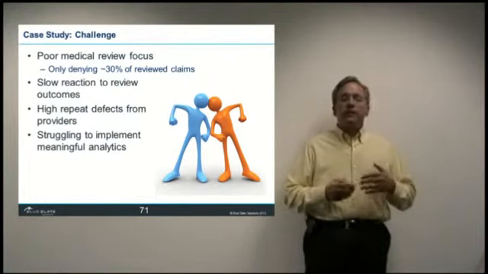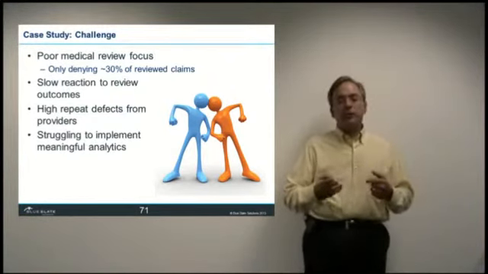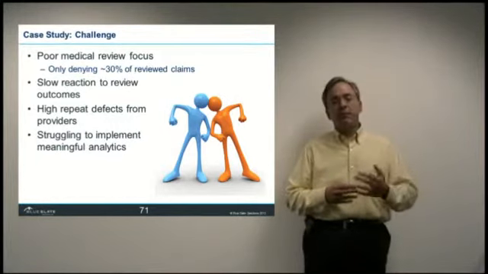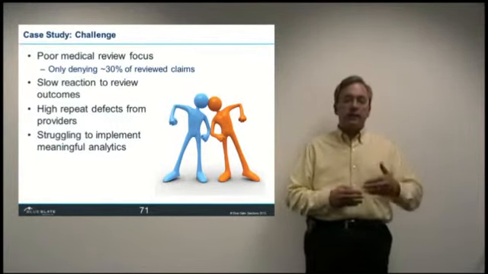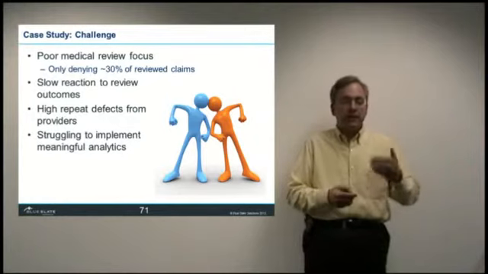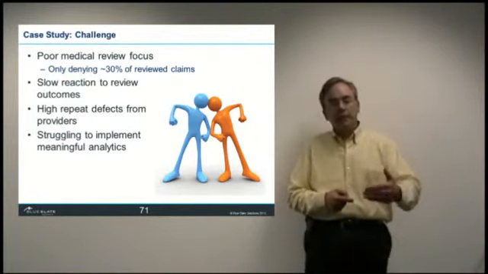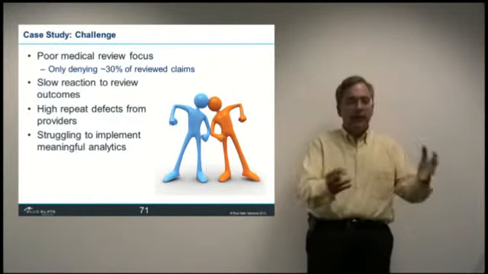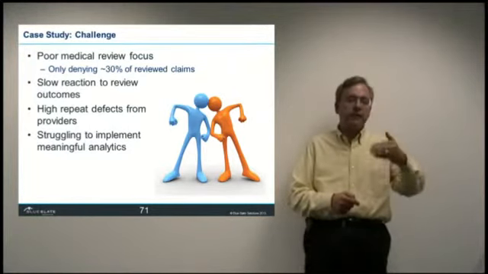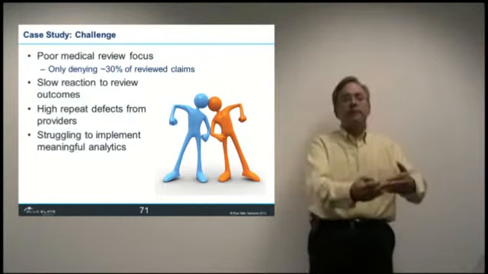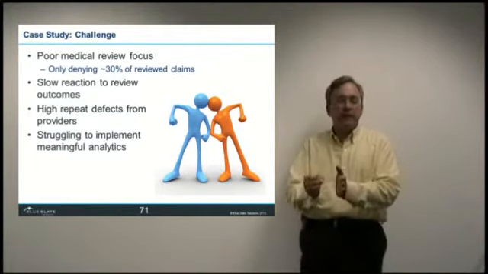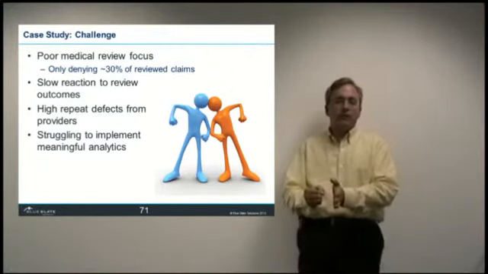They also had an issue that they were slow to react to those outcomes. So when you do these medical reviews, you actually set up a filter in your claims system and say, claims that look like this, whether it's based on provider or the type of service or the area of the country, or you put rules in place to say if the claim looks like this, then please put this claim into essentially a pended status because we want to review it.